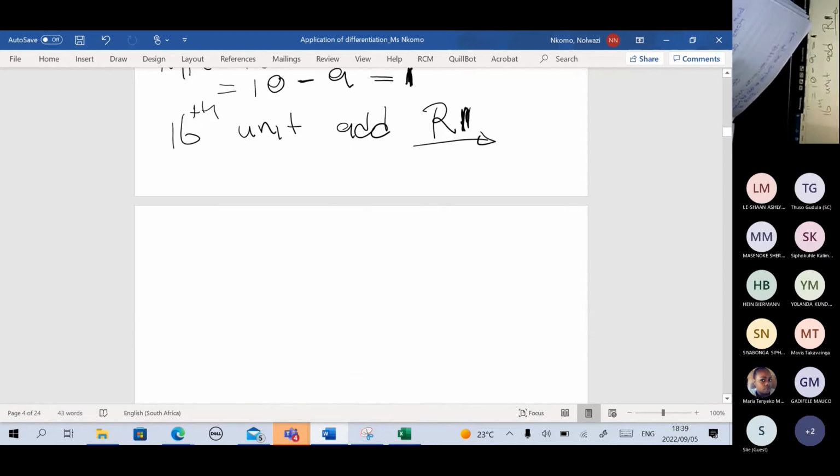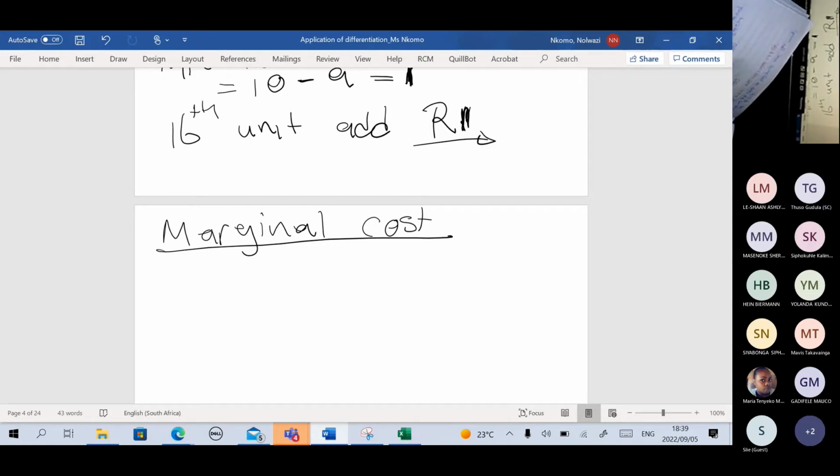Okay, let's move on to the marginal cost. Remember, this is just the increase or decrease in the cost of producing one more unit or serving one more customer.